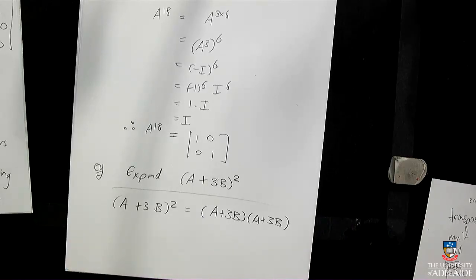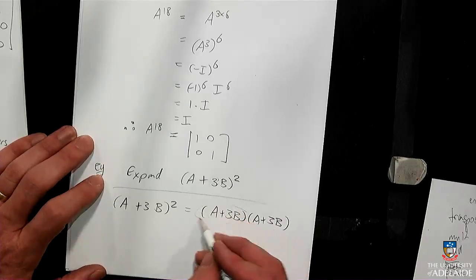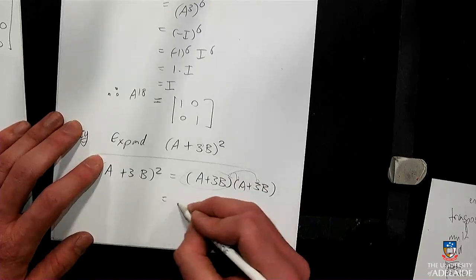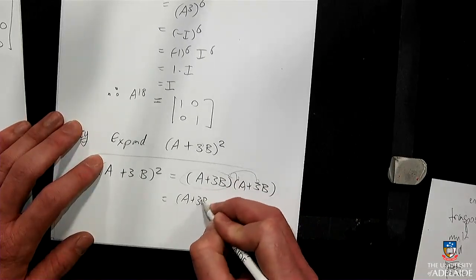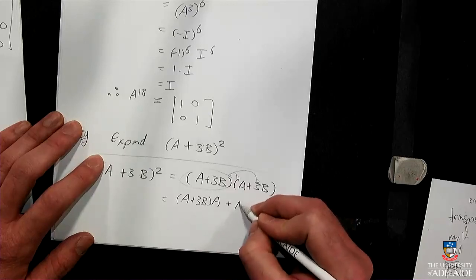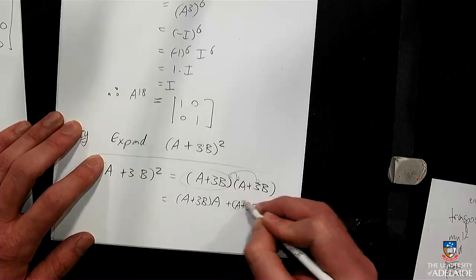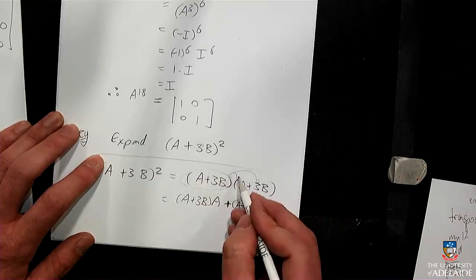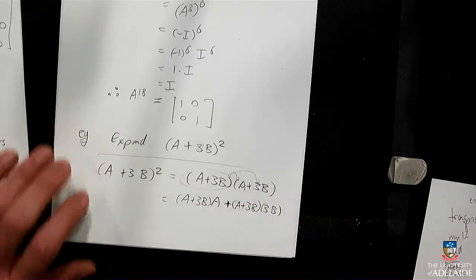Now I know that matrix multiplication can be brought in over addition. So if I'm going to do this properly, I can imagine that this thing is going to get multiplied by both of these. Okay, so this A plus 3B has come to the left of both of these.